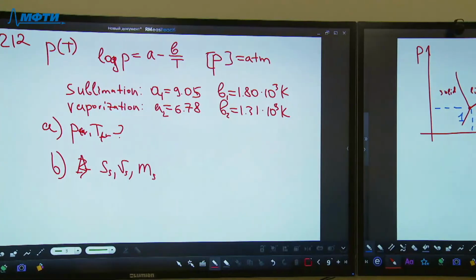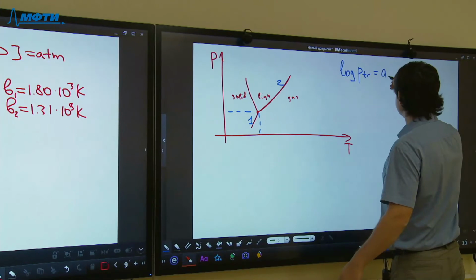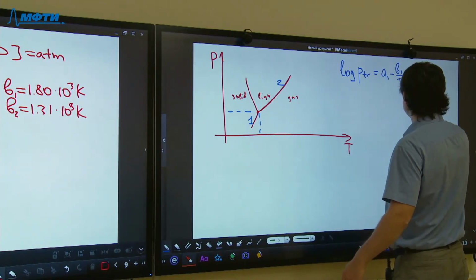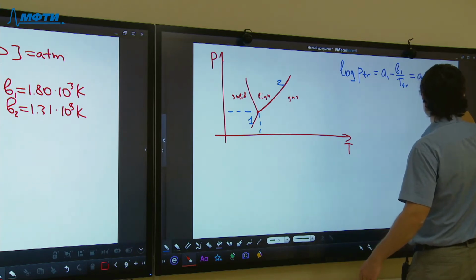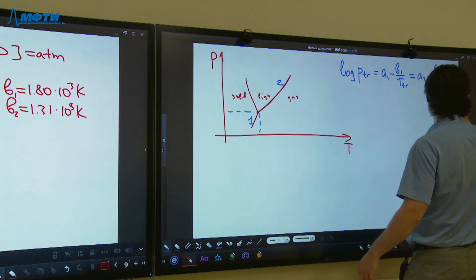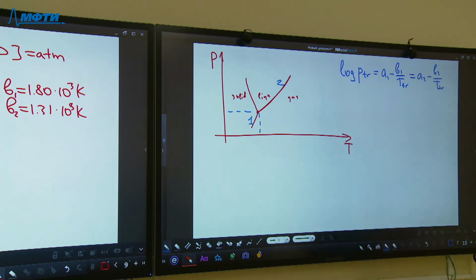So it would be A1 minus B1 over T triple equal to A2 minus B2 over T triple. Altogether, I can solve the equation for the temperature and obtain the triple point temperature immediately.